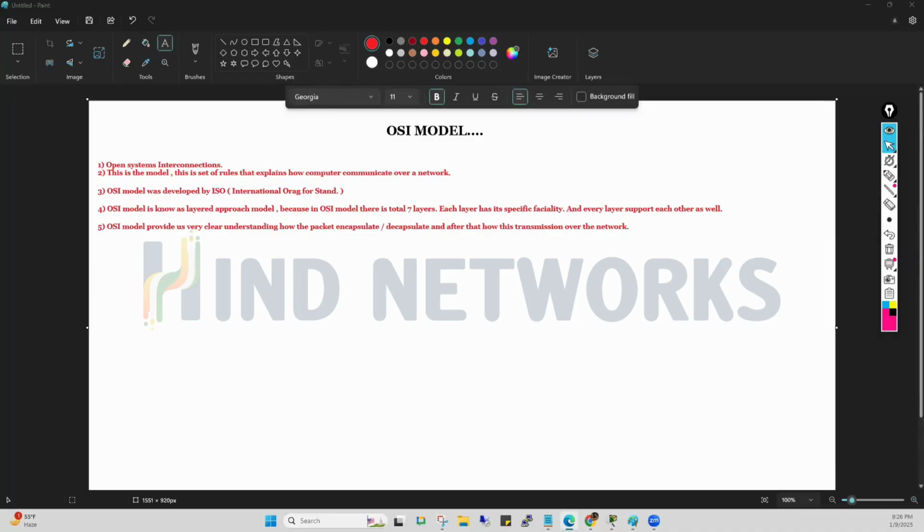Second thing, I told you, if you remember, the OSI model provides us a very clear understanding of how the packet is encapsulated, how it is decapsulated, and how the packet is transmitted between the sender and receiver, right? If you remember our previous class, we discussed the packet flow.